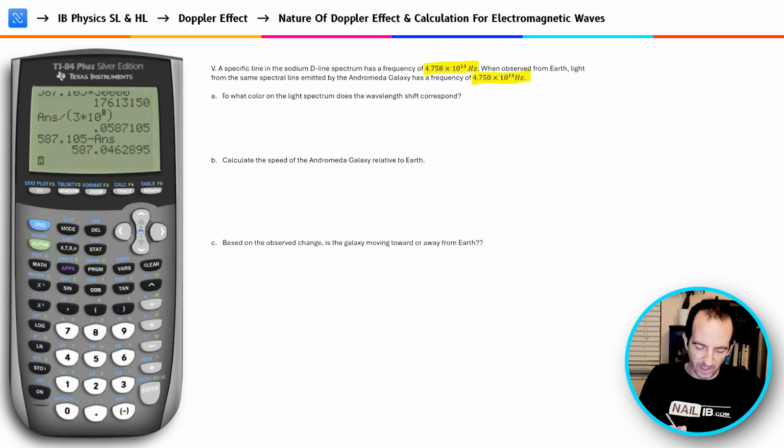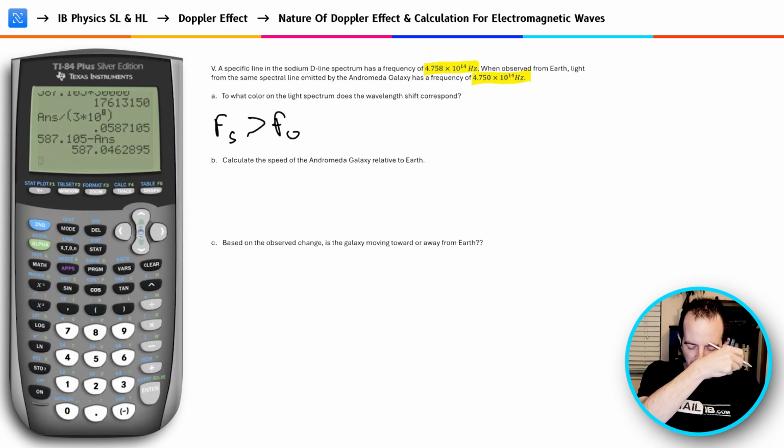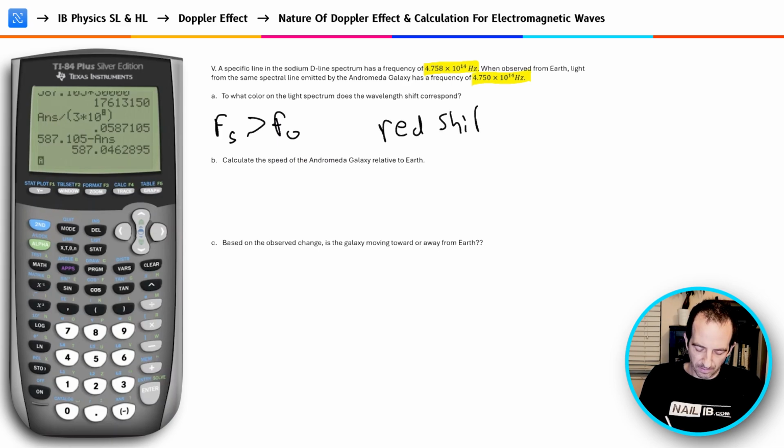So we have a situation where the frequency of the spectrum is greater than the observed frequency. So the observed frequency is less than the actual frequency. When does that occur? That occurs when you're moving away from the source of the wave, which corresponds to a red shift.